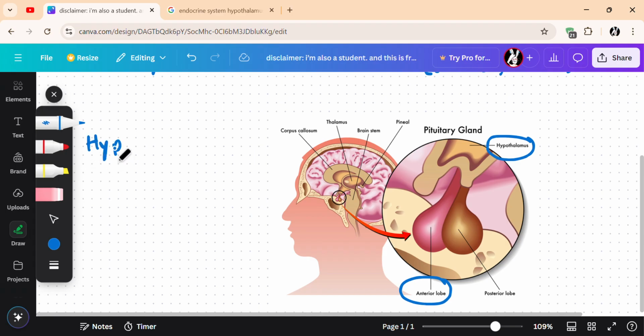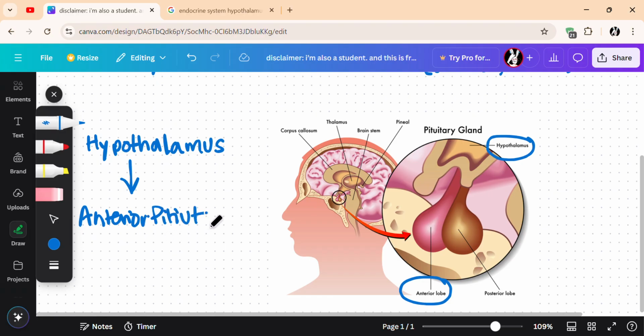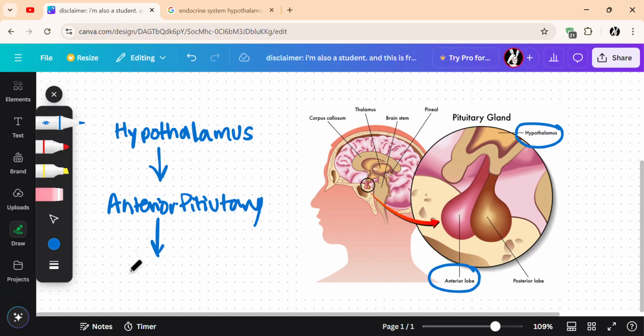The hypothalamus will initially release releasing hormones into the anterior pituitary. The anterior pituitary will then release hormones through the bloodstream to other glands in the body.